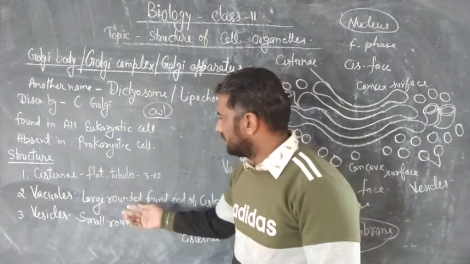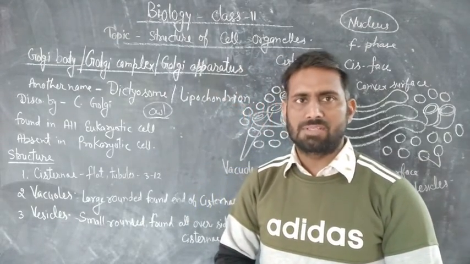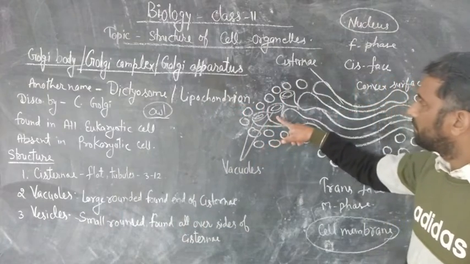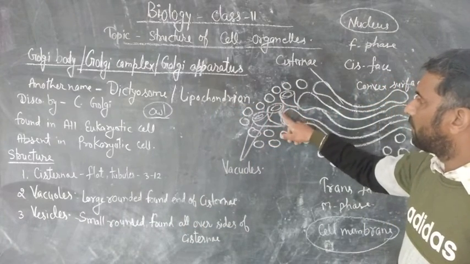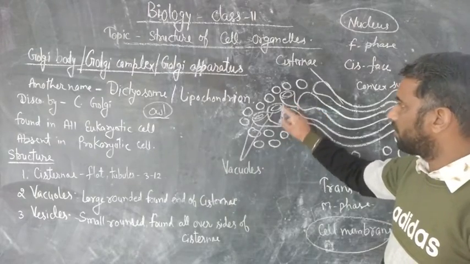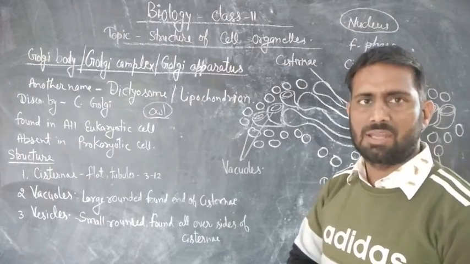Next structure is vacuoles. Vacuoles are large rounded structures which are found at the ends of the cisternae.